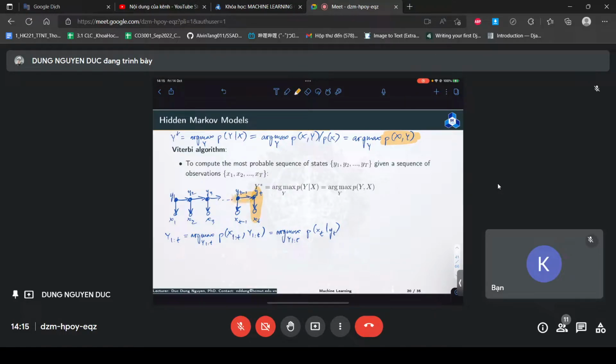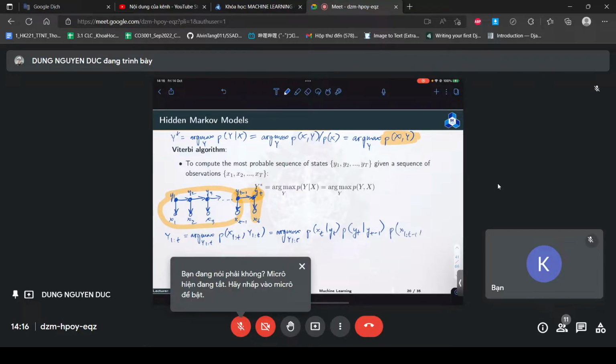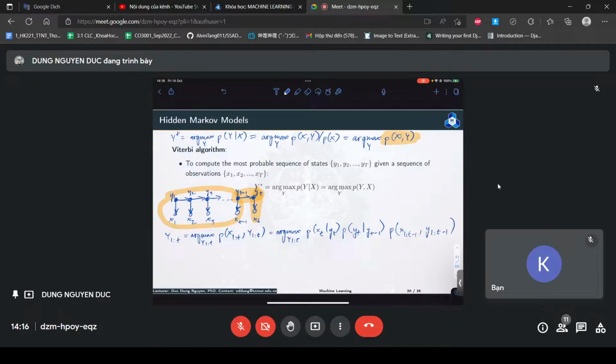Multiply with this one, which is the probability of yt given yt minus 1. And we have the rest here, which is nothing but the probability of x from 1 to t minus 1 and y from 1 to t minus 1. That's something we need.